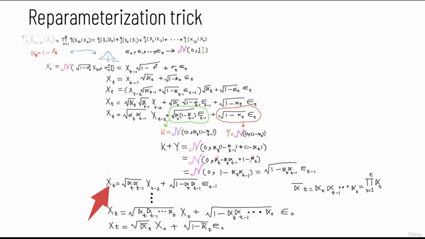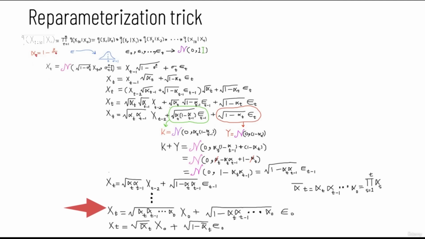So now xt will be equal to the square root of alpha at time step t times alpha at time step t minus 1 times x t minus 2 plus the square root of 1 minus alpha at time step t times alpha at time step t minus 1 times epsilon at time step t minus 1. And this thing here is just a Gaussian distribution.